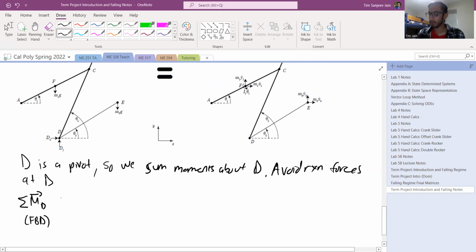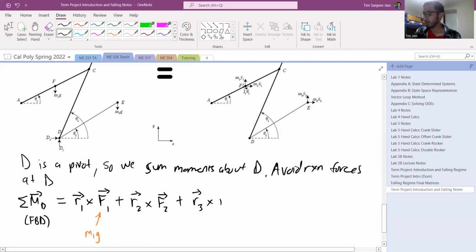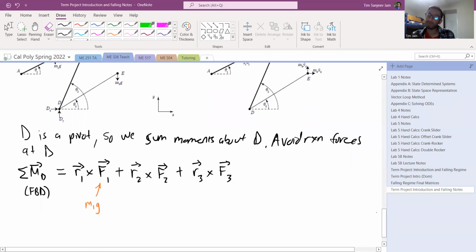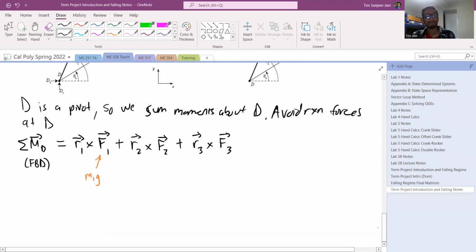That's the left-hand side, which is equal to R1 cross F1. In F1, I'm calling it M1G, the gravity. R2 cross F2 plus R3 cross F3. R1 is the position from D to the center of mass of link 1, and so on and so forth for the other ones. Okay.